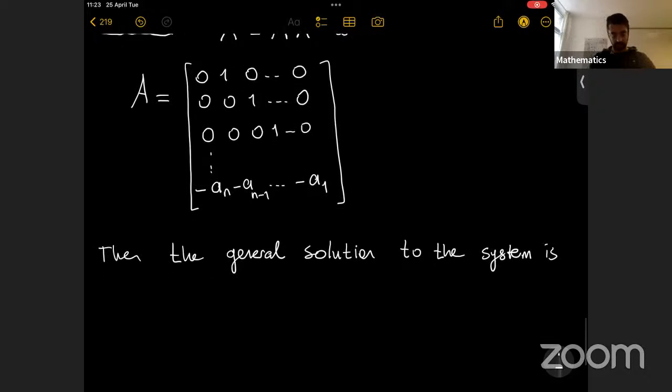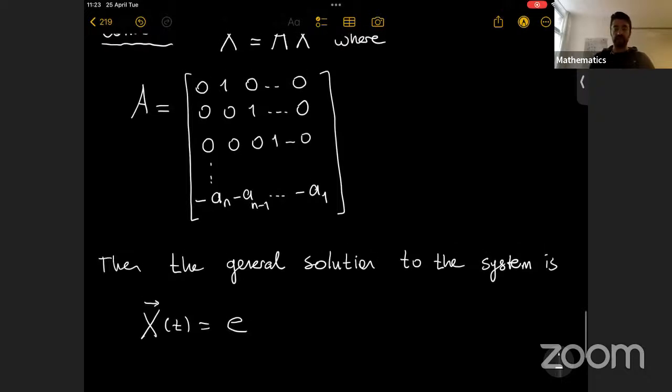We had x of t is equal to e to the At, the exponential matrix, times a constant vector. This gives the general solution.